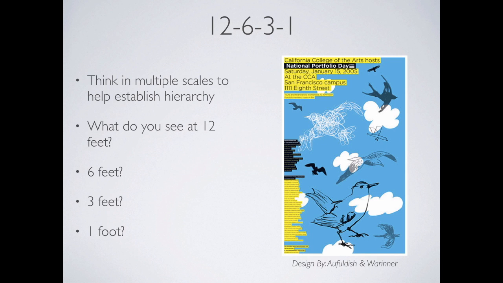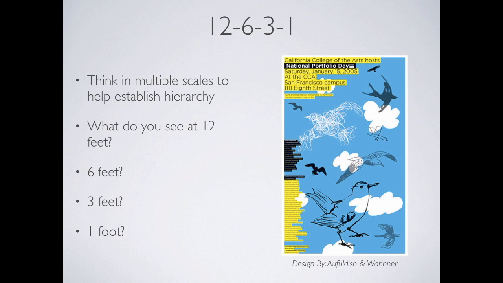So what is somebody going to see when they look at your poster from 12 feet away? All too often we spend time designing on the computer, right up next to it, and we see it in detail. And we forget to look at it from far away. So take a quick print of it, look at it from far away, 12 feet or so. What stands out? Are you directing people to the right thing?